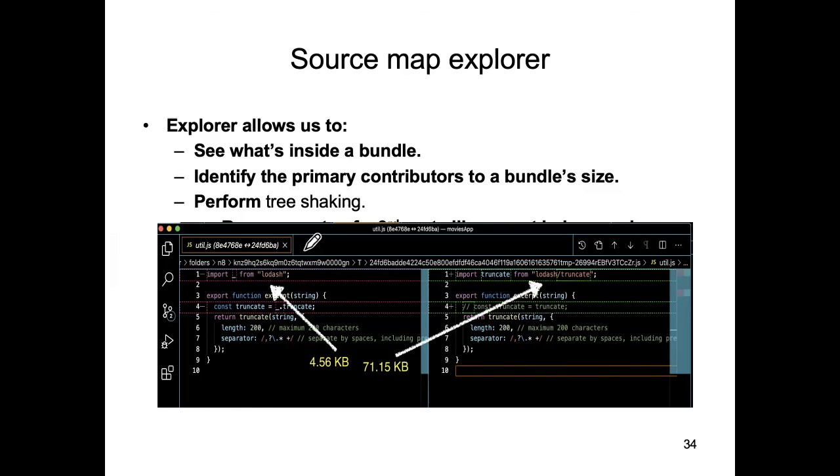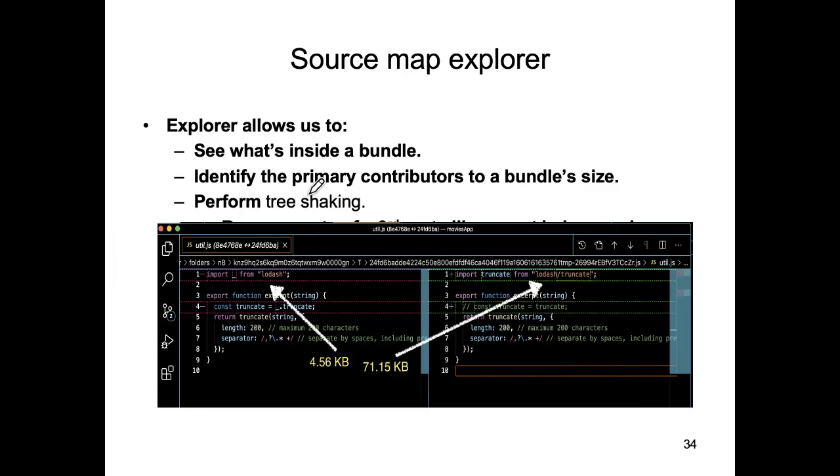And why would you do that? The purpose is to try and reduce the size of the bundle that contains all of your node modules code. That's really the only place tree shaking applies. That bundle that contains your node modules code, which in our case was bundle number 2, if you remember.